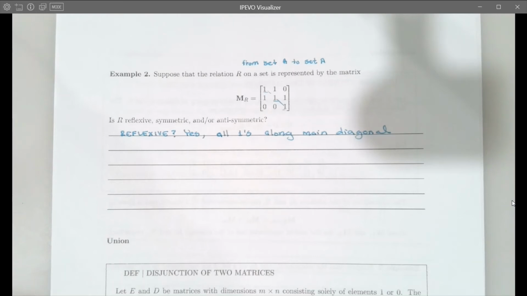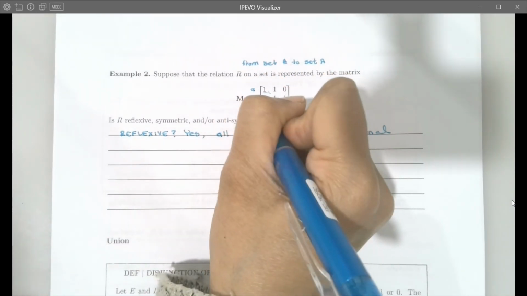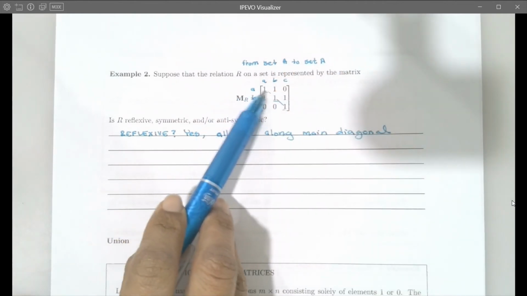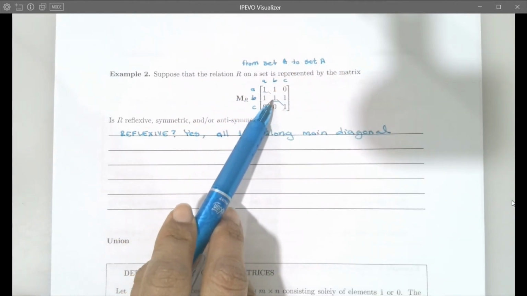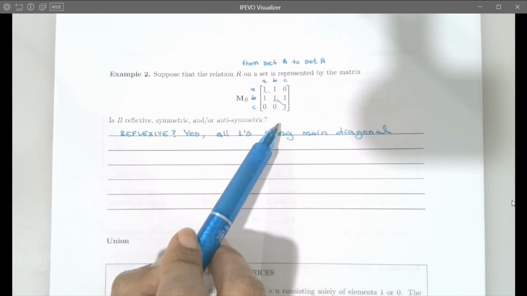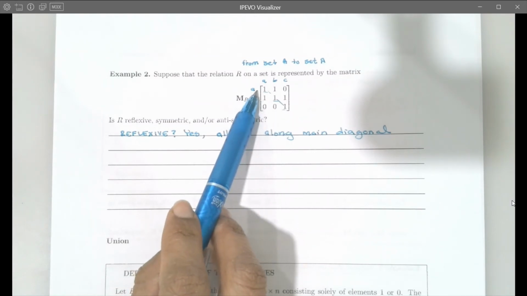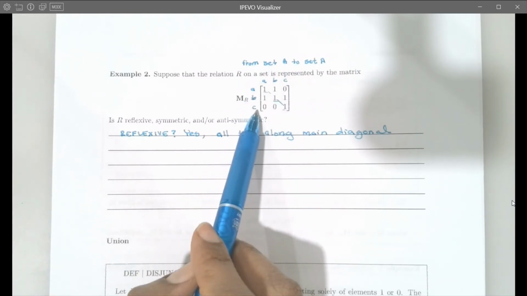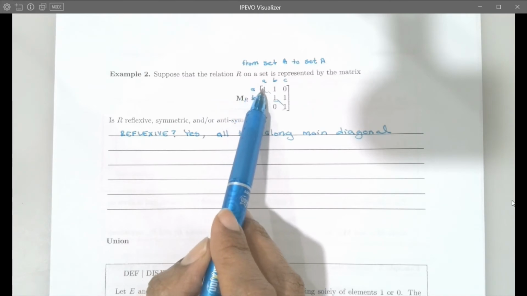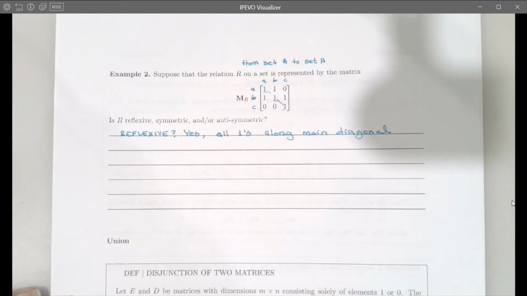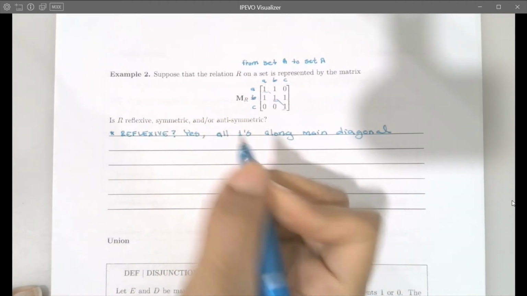In terms of the relation, let's say that this is representing inputs A, B, C and this is outputs A, B, C. It means that we have the elements (A, A), (B, B), and (C, C), which is the requirement of reflexivity. That's the definition of a reflexive relation. It means it contains, for every element in the set A, which we're assuming is {A, B, C}, the ordered pair (A, A). So yeah, all ones along the main diagonal means that it is reflexive.